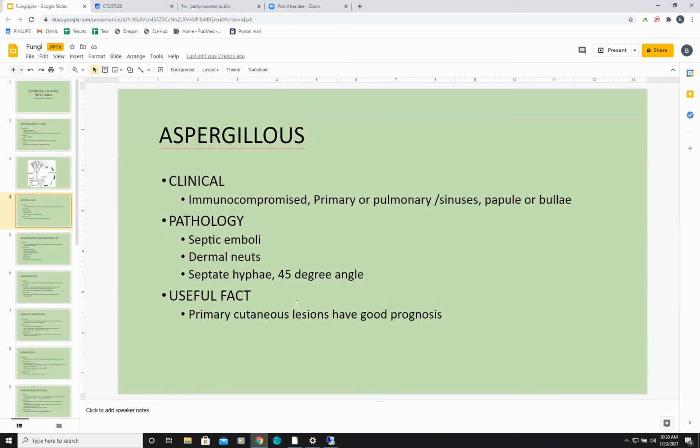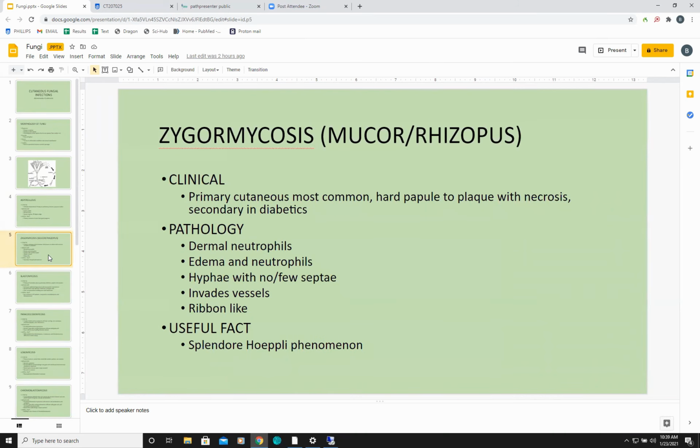An interesting fact, the primary cutaneous lesions have a good prognosis, but are very rare. The next group I want to look at is zygomycosis, or the two organisms that cause this most commonly are mucormycosis and rhizopus. Clinically, this is usually primary cutaneous infection, which presents with a hard papule or plaque with areas of necrosis, often in diabetics.